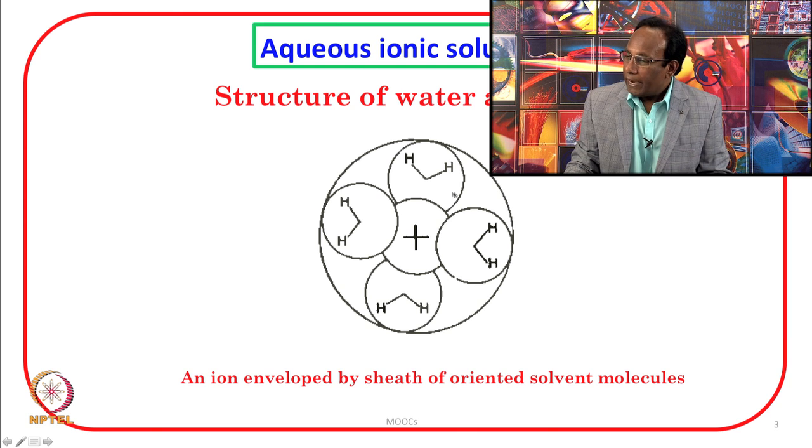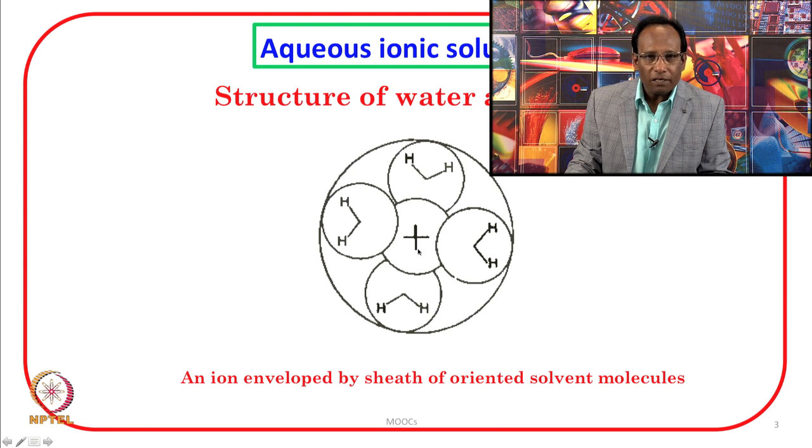The number at a given temperature may remain constant, but the residence may not be same, because when this central ion is moving somewhere, these water molecules may become a part of the tetrahedral network and be replaced by another water molecule. So, these water molecules are not imprisoned with the central ion for the rest of their life, but these can be exchanged with the other water molecules.